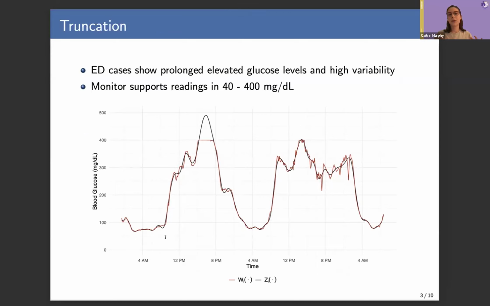So instead of getting to observe what we'll call Z, which is the black curve, the patient i's true blood glucose, we see W sub i, which is the CGM data. It's a little noisy because of the measurement error, and it's also truncated at 400. So if you see around 8 p.m., you get a cutoff of the real process.